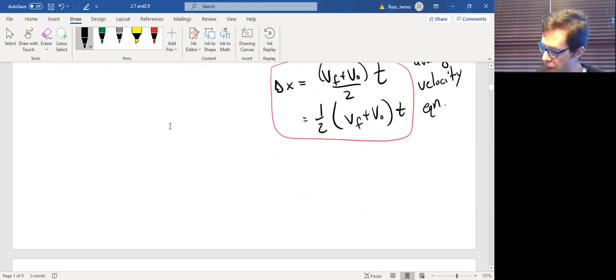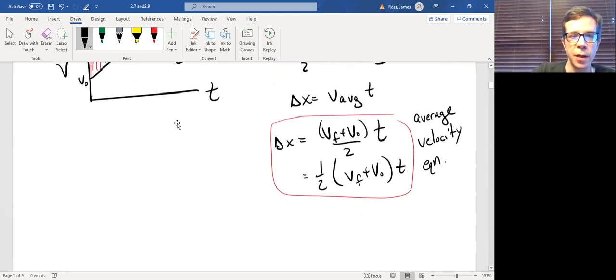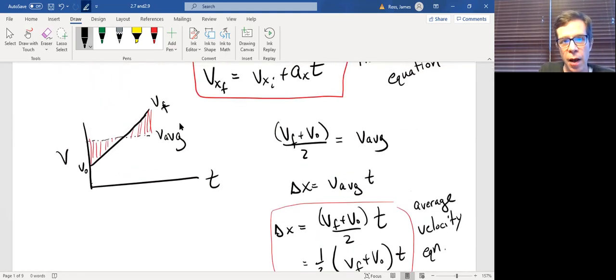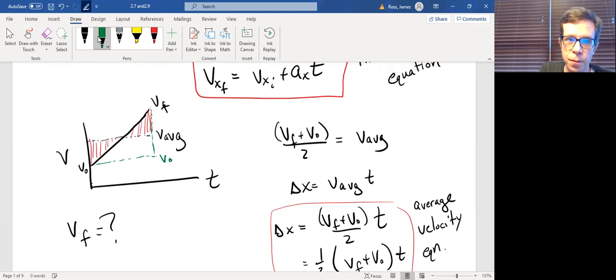All right, so we want to take our next step from there. If we look at our graph here again, how can I describe v final looking at this? Well, let's sketch some. All right, here's v naught. And the velocity changes based on the acceleration.